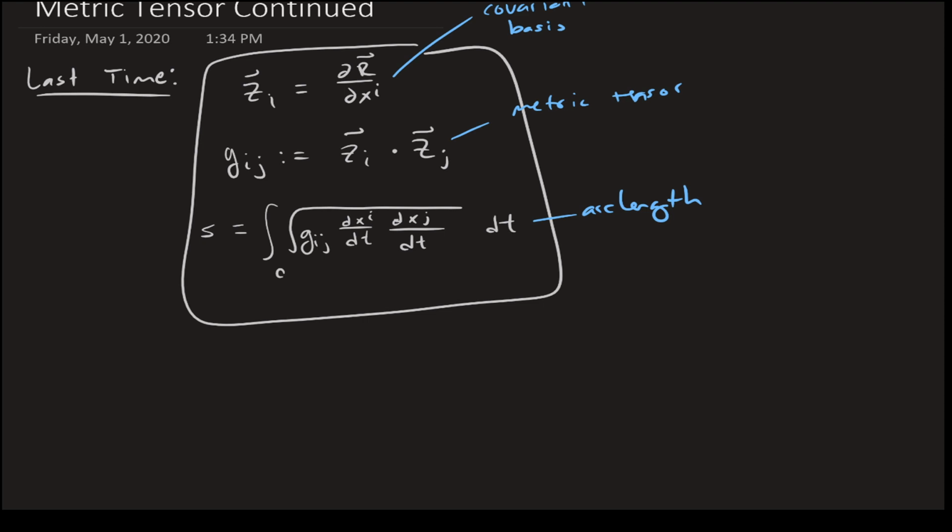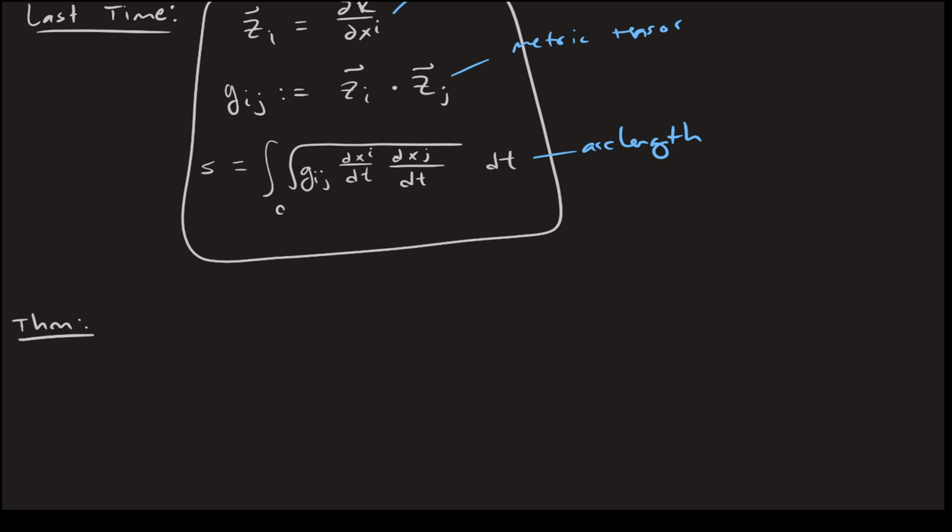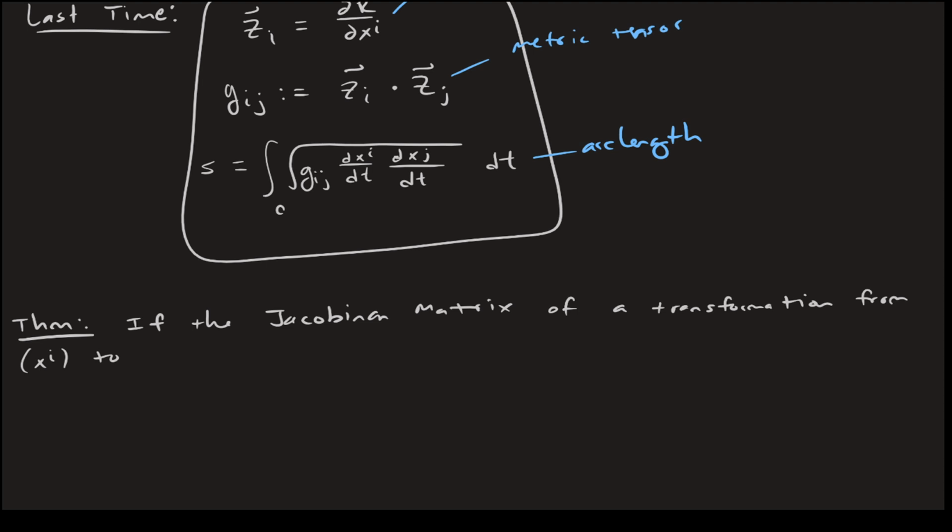So today the theorem we're going to start with is that if the Jacobian matrix of a transformation from x^i to rectangular coordinates, call it x^i prime, is some Jacobian matrix J equal to partial x^i prime over partial x^i, we'll call it J_R or something like that, it doesn't matter.